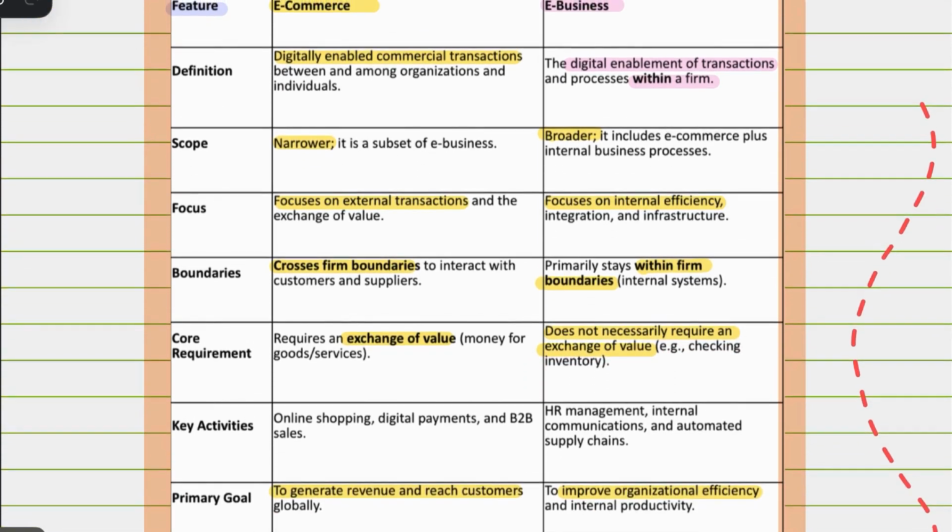The key activities involved in e-commerce are online shopping, payment, B2B sales, and in e-business there are HR management, internal communication, automated supply chains. The primary goal of e-commerce is to generate revenue and reach customers globally, whereas the primary goal of e-business is to improve organizational efficiency.